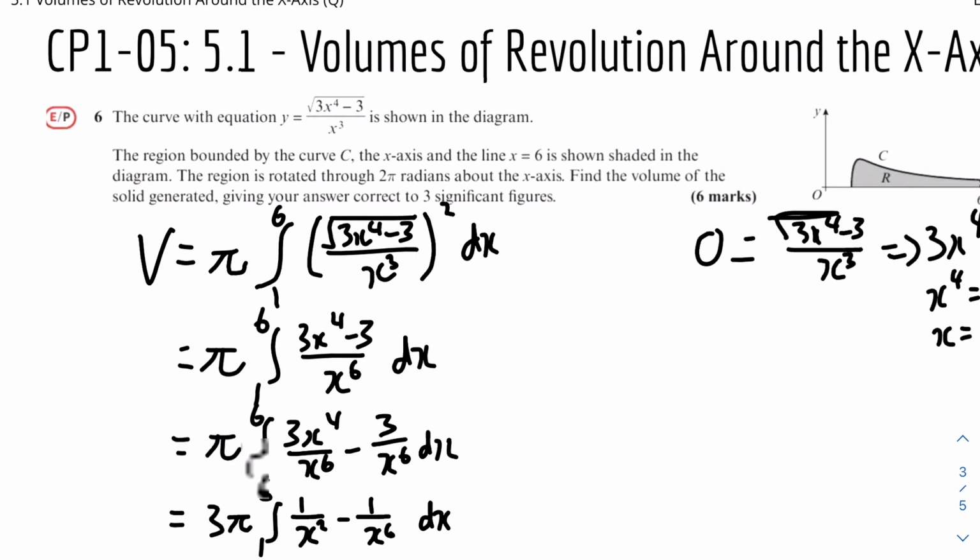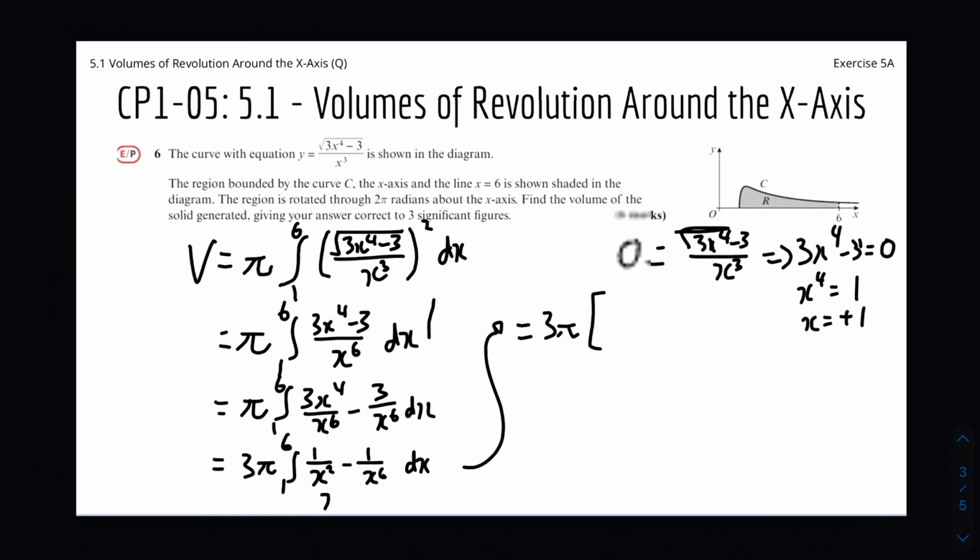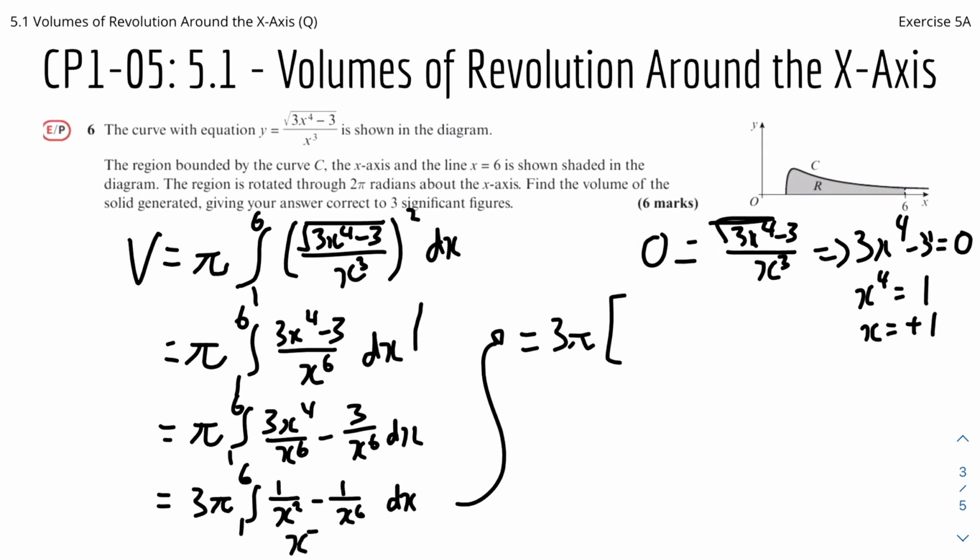So now we can simplify the whole thing, equal to 3 pi times the integral of, because this is basically x to the power of minus 2, and this one right here is basically x to the power of minus 6.